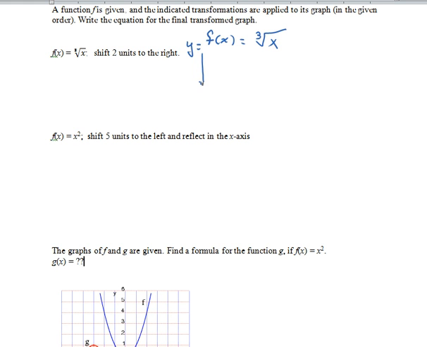So we have to substitute x minus 2 for x. So the equation will be y equals f of x minus 2, which will be the cubed root of x minus 2.